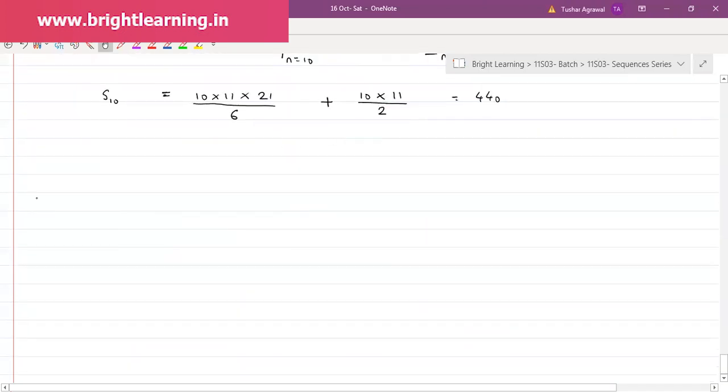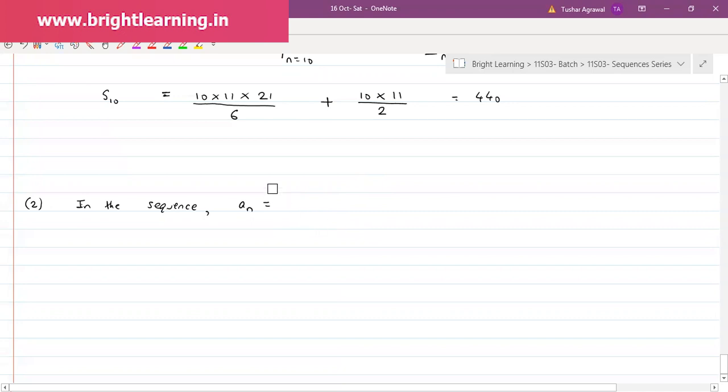Now, in the sequence, an is given by n plus 2 into... 1 minute.